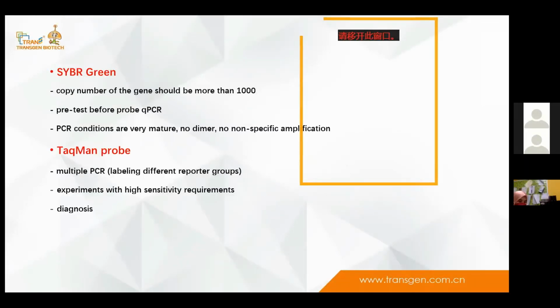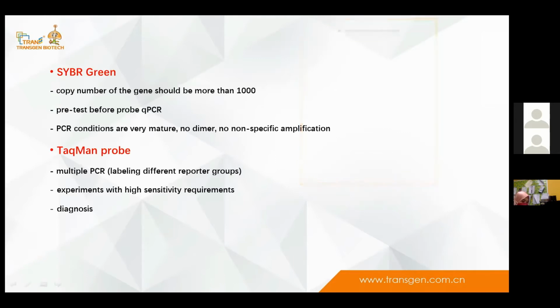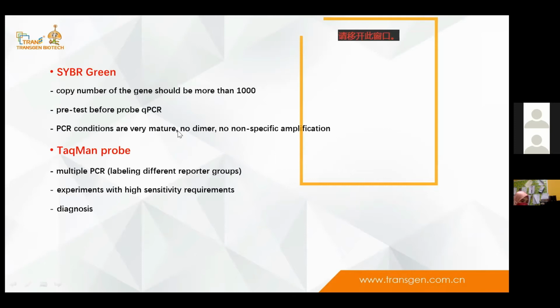The other use is as a pre-test before probe qPCR, because probe qPCR is much more expensive than the SYBR Green one. Also the PCR conditions should be very mature, with no dimers and no non-specific amplification.